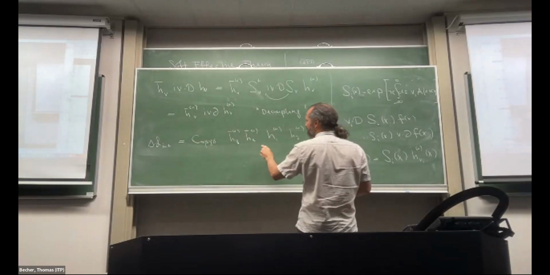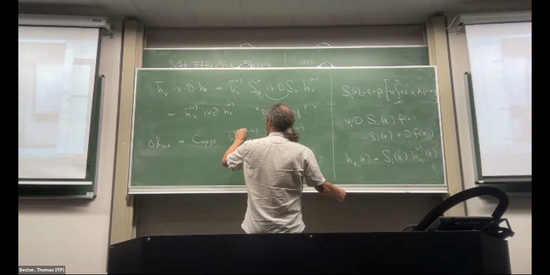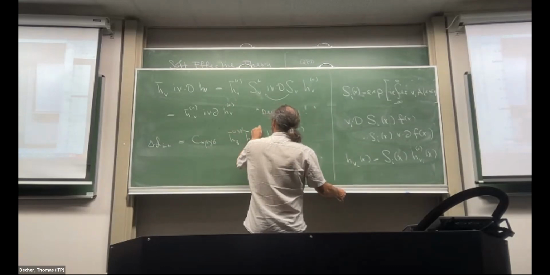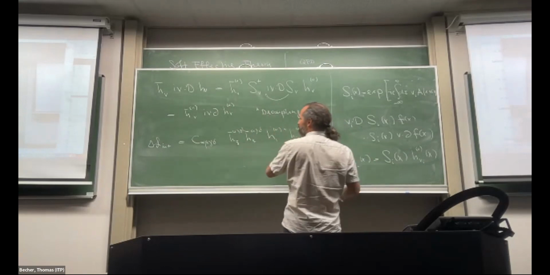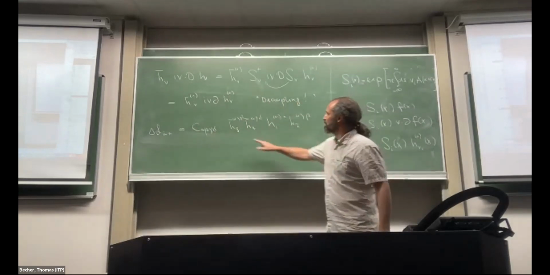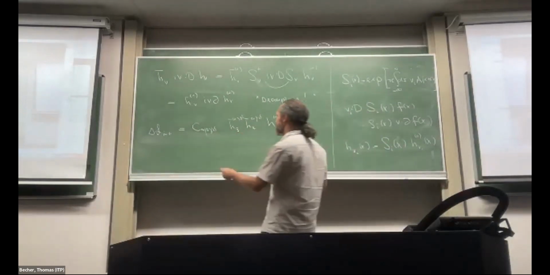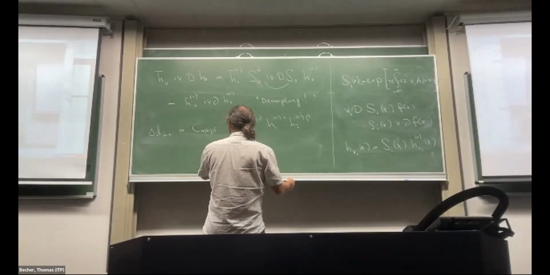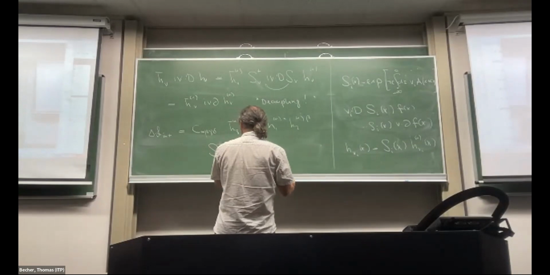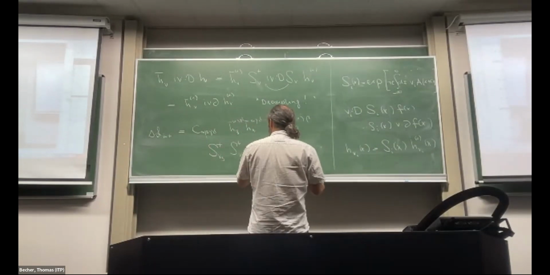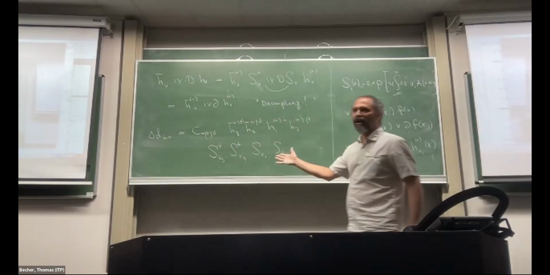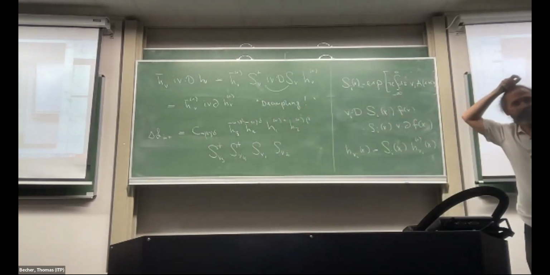All of these are getting redefined. They are alpha, gamma, delta, alpha, beta, contracted with this. But then each one of those gets a Wilson line. So now I have S dagger v3, S dagger v4, S v1, S v2. And these don't cancel because they are in different directions.